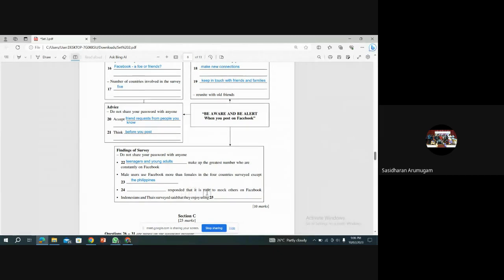Responded that it is rude to mock others on Facebook. Indonesians and Thais surveyed said that they enjoy using. So what is that? Responded that it is rude to mock.